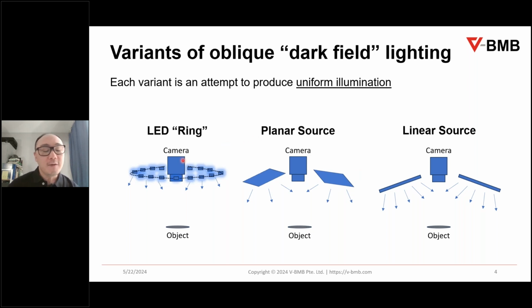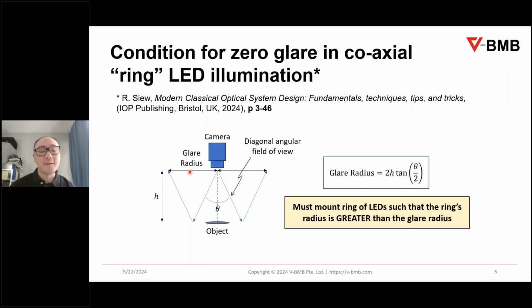But as I mentioned, if you're going to put any kind of source surrounding the camera, you have to consider one thing, which is that depending on the height of the source and the radial distance between the source and the camera, you may see the source in the camera. The basic reason is because if, let's say, you've got an LED right here and it's shining a ray down at this angle and reflects off a smooth surface somewhere next to the object, it can bounce off that surface into the camera, right?